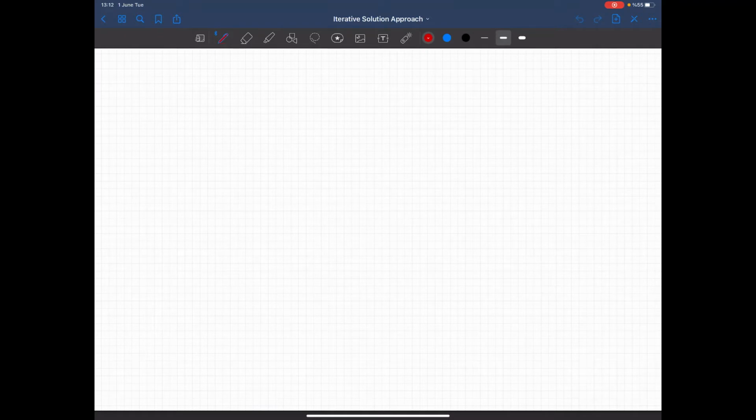Now let's take a look at the iterative solution approach. Here we will be talking about the Newton-Raphson family of methods. This is not the only way, but this is the most popular method in nonlinear analysis.